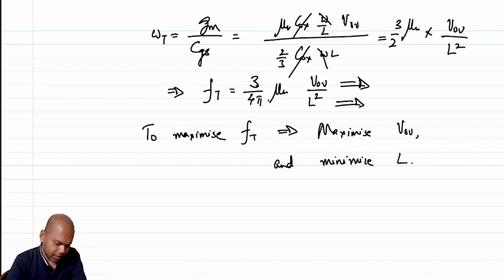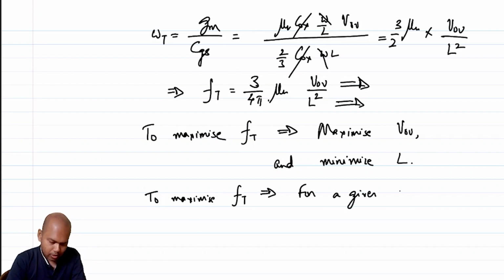So another way of writing this is to maximize FT means for a given CGS, i.e. W and L, right?